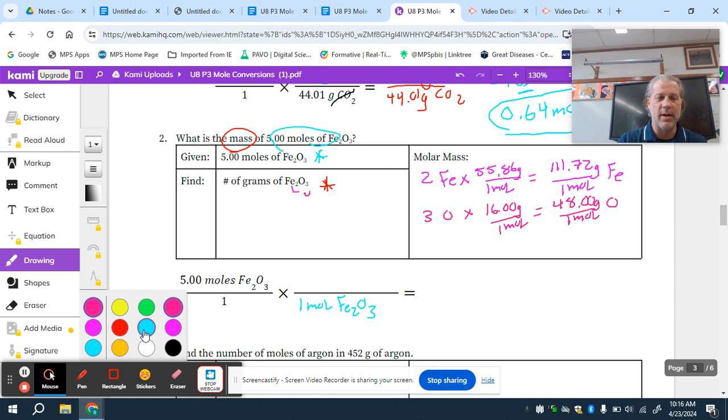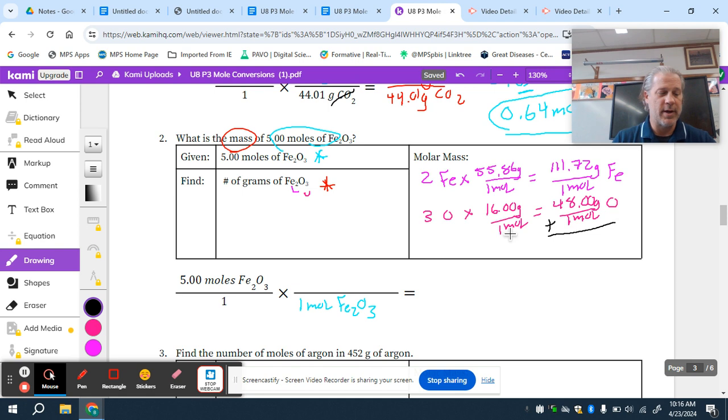The next step is to add these two values together, 48 plus 111.72, and I get 159.72 grams in 1 mole of Fe2O3. Since we already put 1 mole at the bottom, I'm just going to transcribe the 159.72 grams of Fe2O3 on the top.